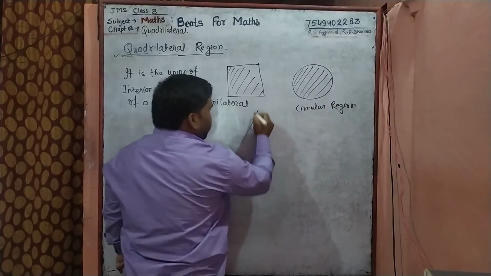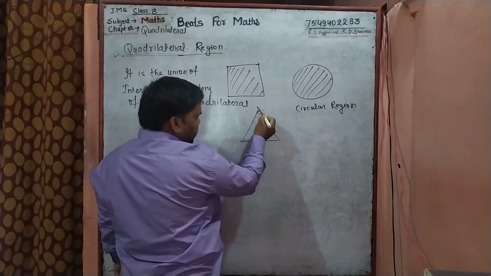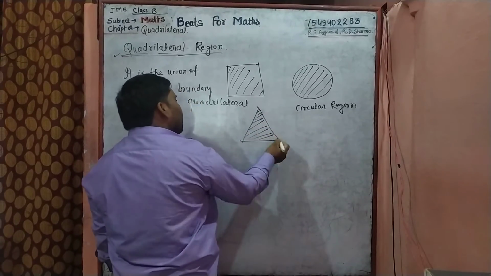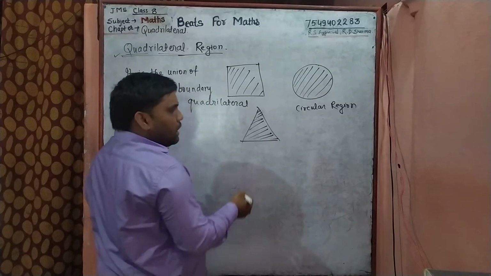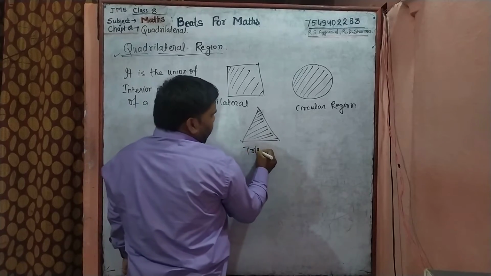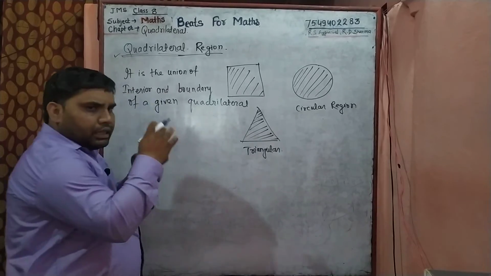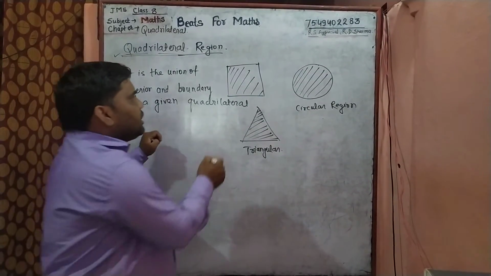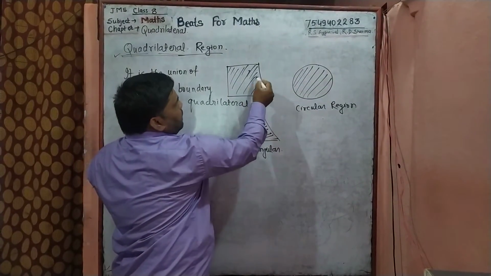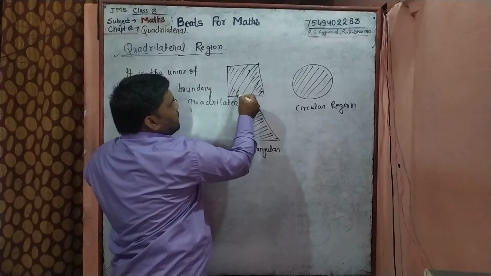If you are taking a triangle and its interior portion, it would be called a triangular region, and so on. So just remember, the boundary and the interior portion will be called the quadrilateral region.